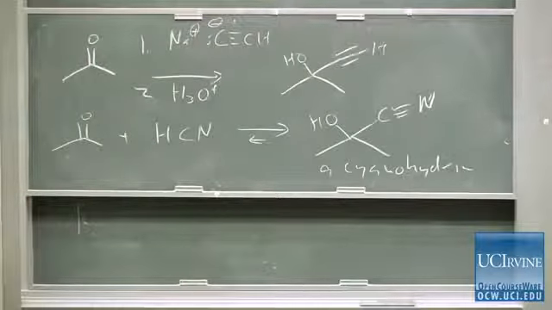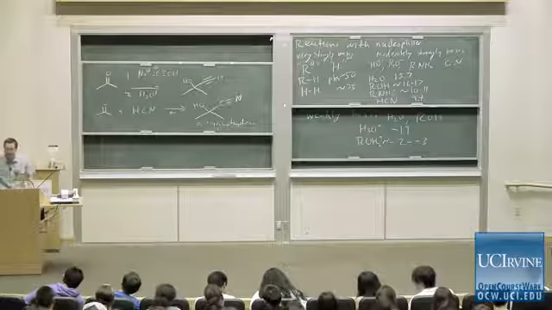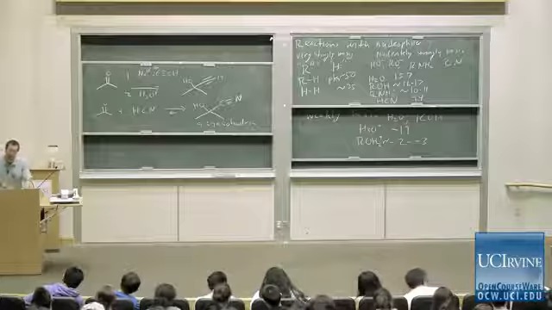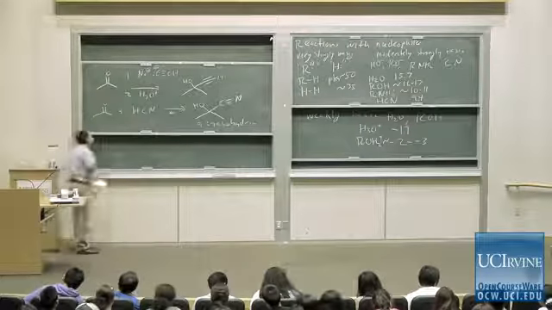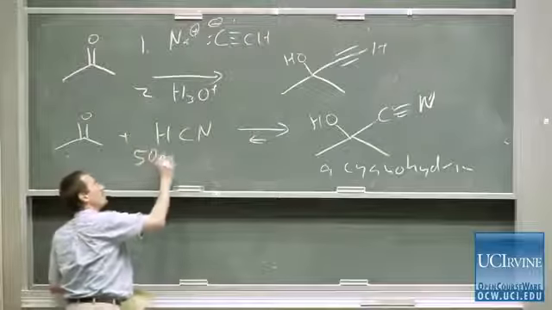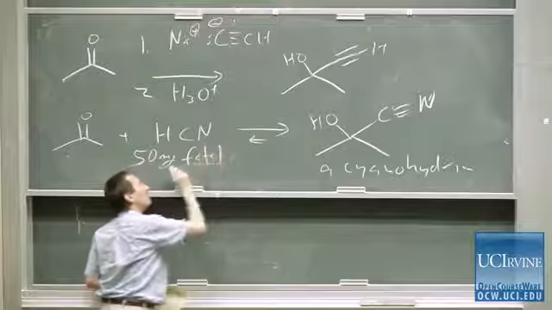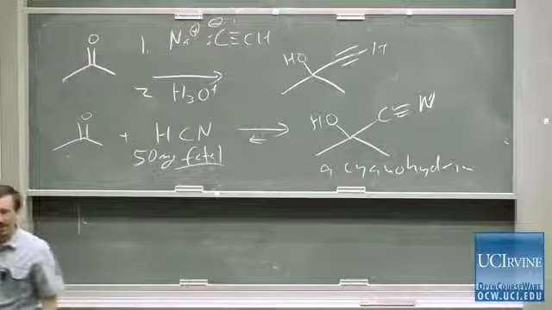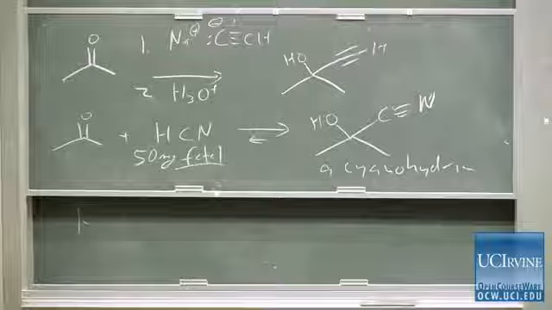It is probably the most poisonous commonly encountered compound in the organic chemistry laboratory. Hydrogen cyanide is typically fatal at 50 milligrams. It's a gas, or more specifically, it's right on the edge of a gas and a liquid.